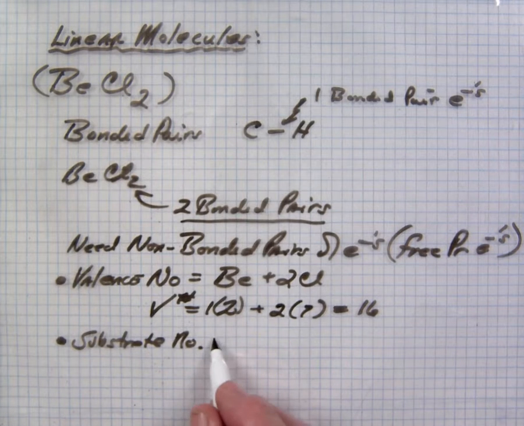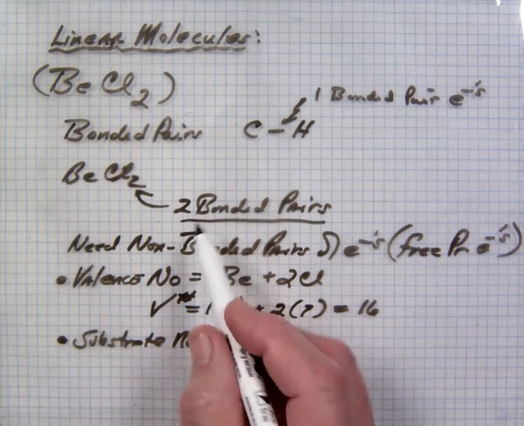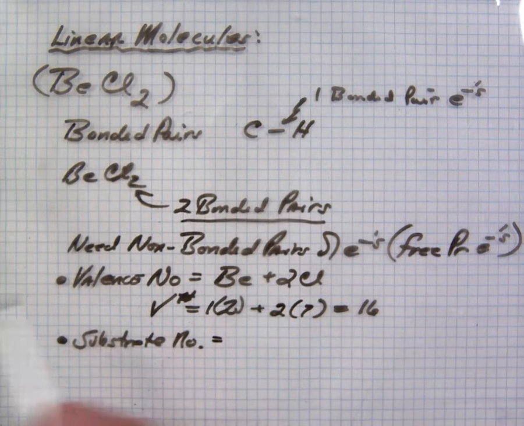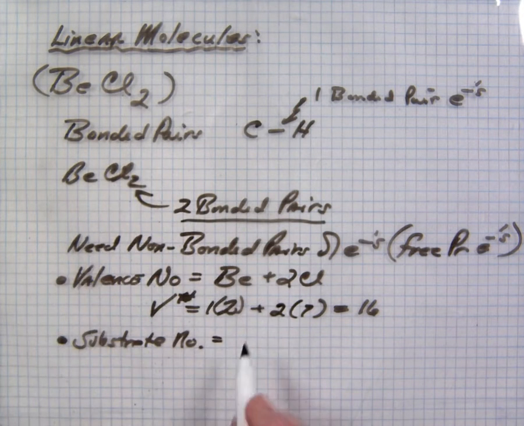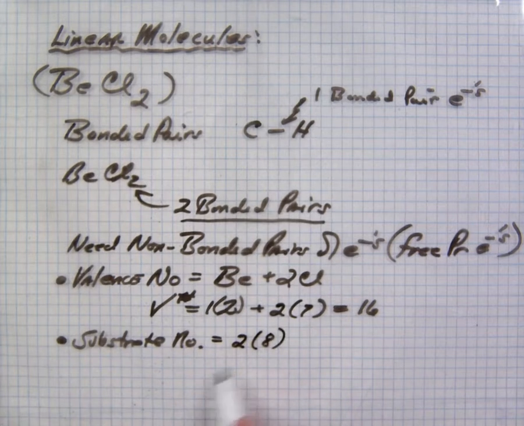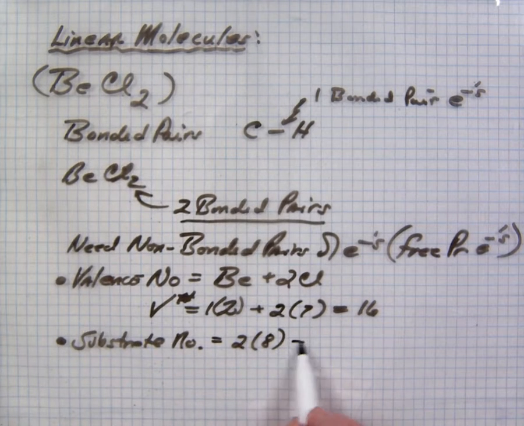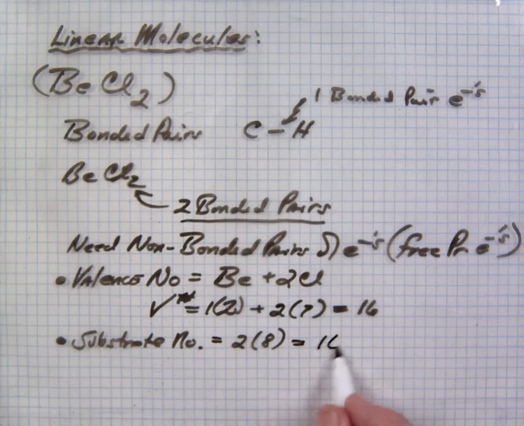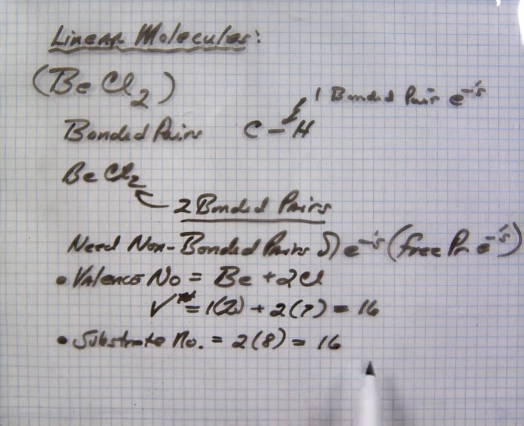So substrate number is how many substrates do you have? Well, here's 2, and each builds up to either 8 or 2, and the only one that's 2 is hydrogen. So we'll see that show up. Chlorine's not hydrogen, so it's going to be an 8, like that. And so your substrate number in this case is 16. So you have your valence number and substrate number.